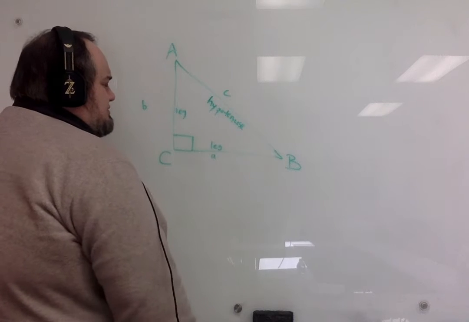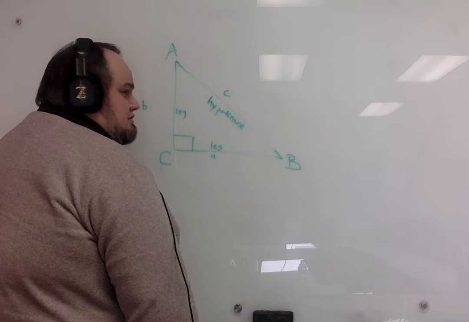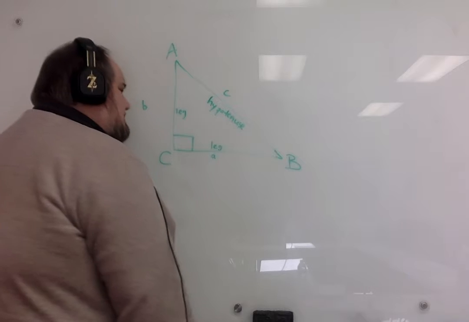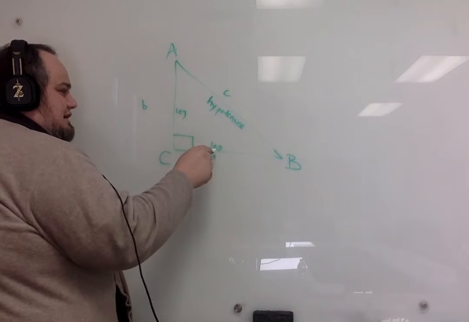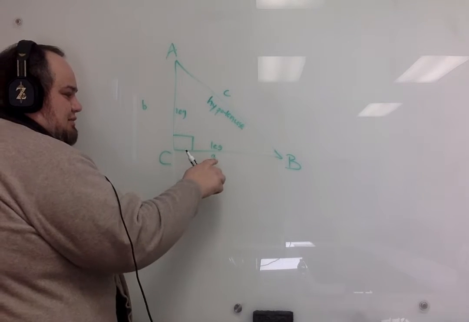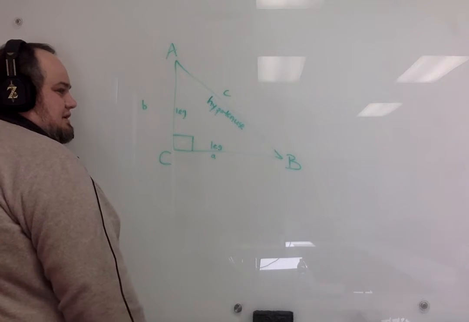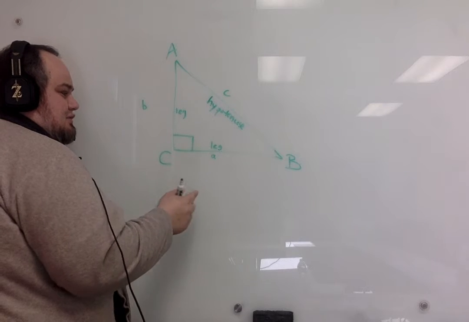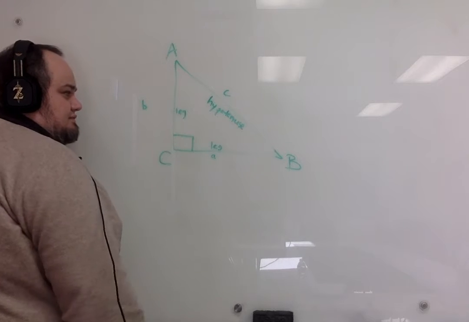It's a lot harder to pronounce than the word leg, but we have two legs and the hypotenuse. And the legs are usually labeled a and b, and the hypotenuse is labeled c. Remember, we use lowercase letters to talk about the length of a side. We use capital letters to name the angles in the triangle.